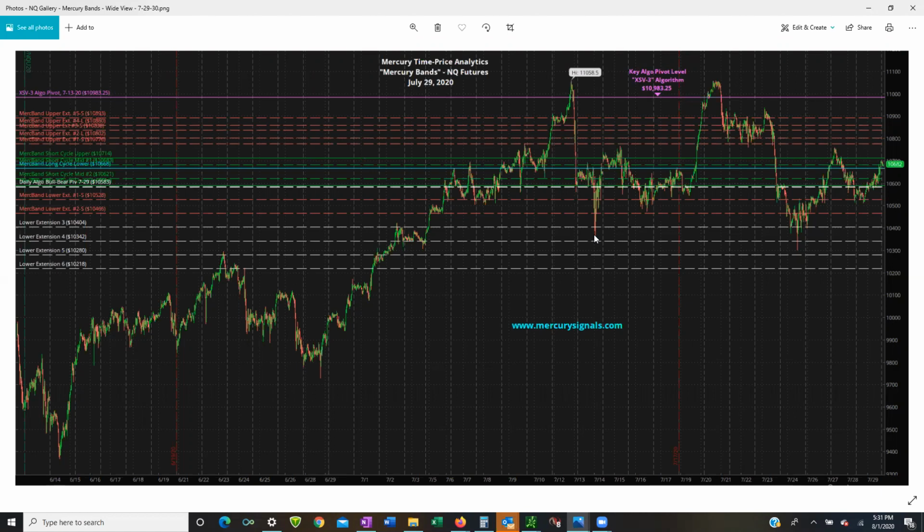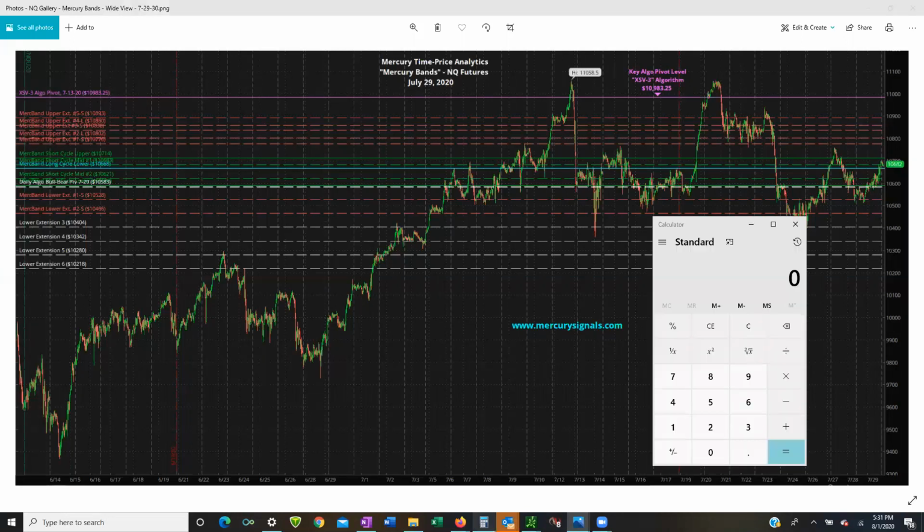I mean, you literally had a 600 handle move in NQ based on, and when you see these XSV, there's XSV 2, 3, and 4. When you see one of these XSV pivots on a chart, I don't know if any of y'all trade NQ, but okay, it was a 600 handle move. Let's say you booked 300 handles of it on a one lot.